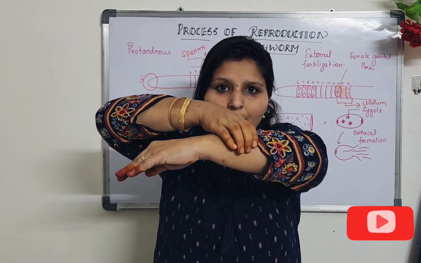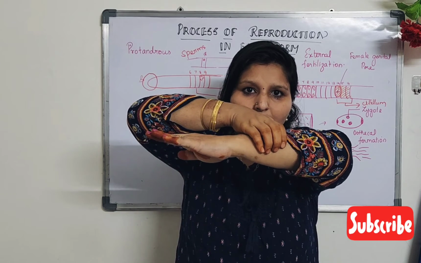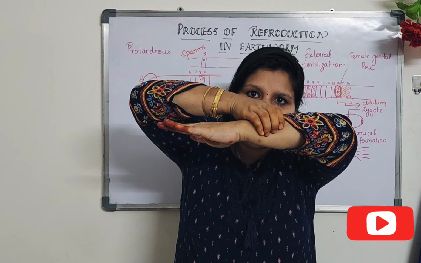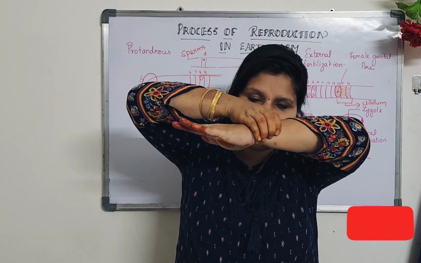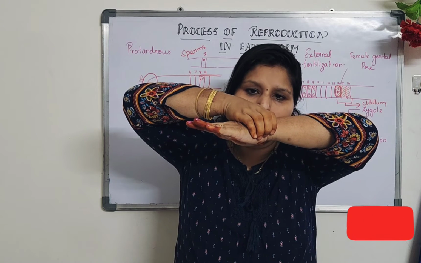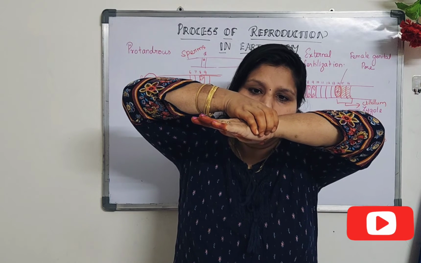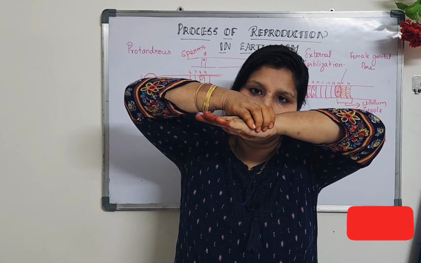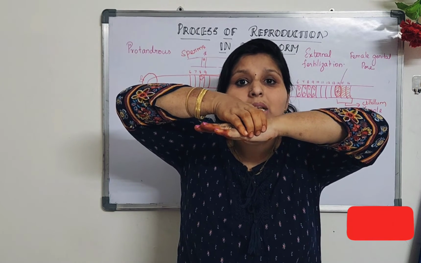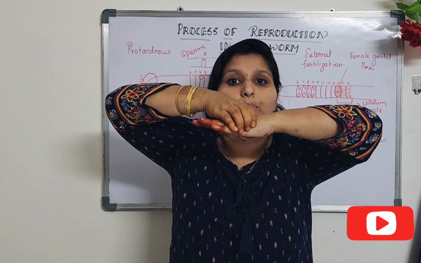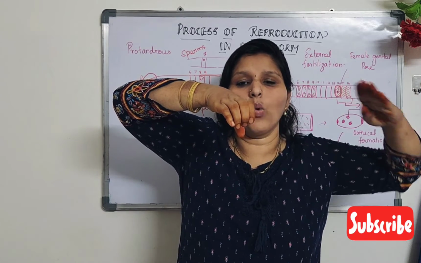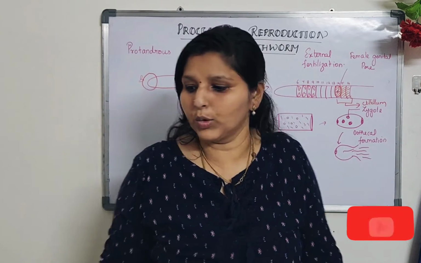After the ova are completely formed, the earthworm slowly starts to detach its clitellum from its body. As the earthworm moves backward, the clitellum comes forward and crosses the 6th, 7th, 8th and 9th segments. While crossing them, it receives the sperms present in the spermathecae, and this clitellum completely winds off from the body of the earthworm.